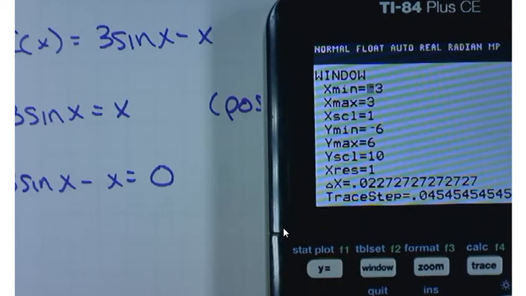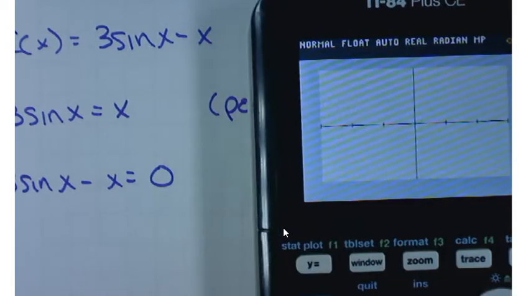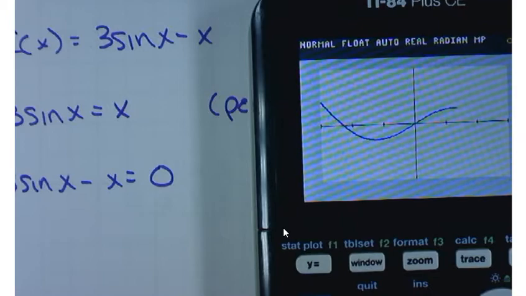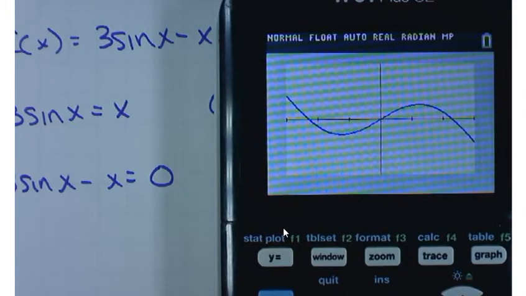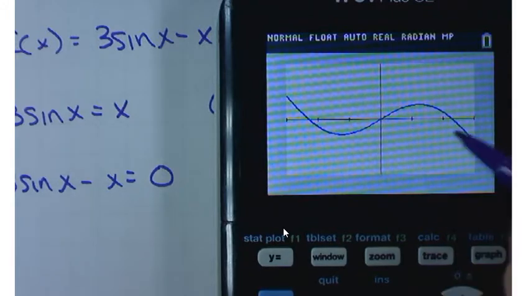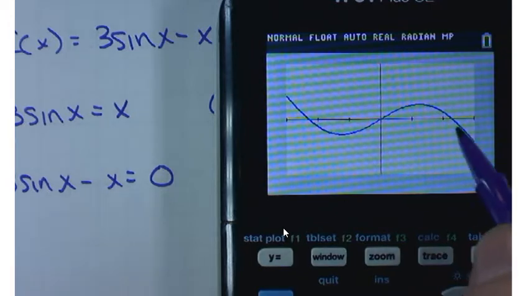A good window, well, that should be decent enough, -3 to 3. Let's see if we can get a view of our graph. Just barely. All right, cool. What we're looking for is the positive root here. So that's going to be this one. A decent initial guess would be 2. You can do 2.5 if you want.